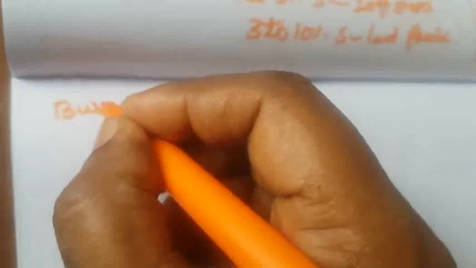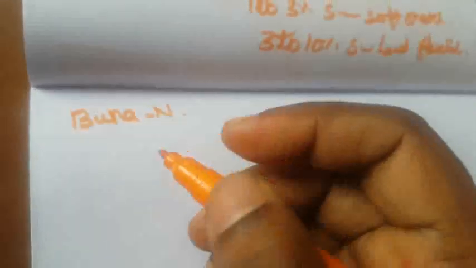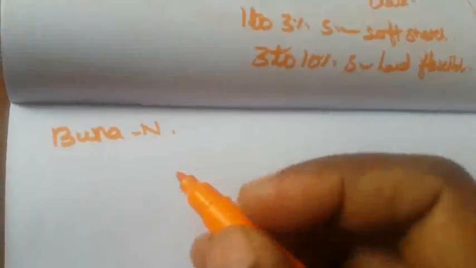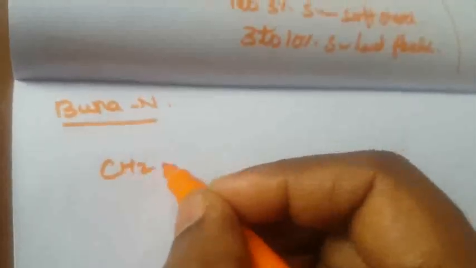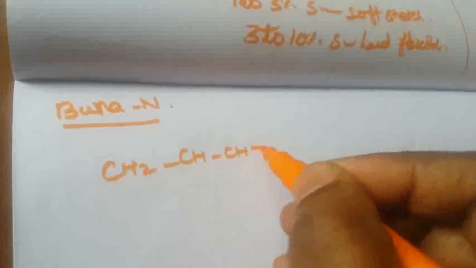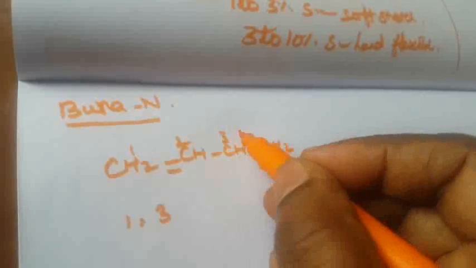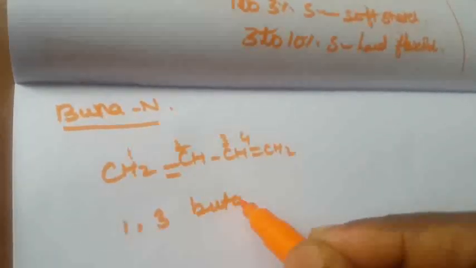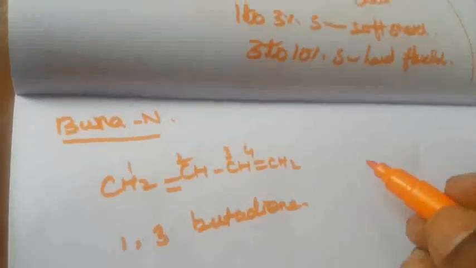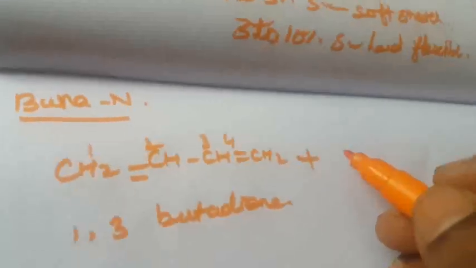Next is how to prepare Buna-N, another synthetic rubber. What is meant by Buna-N? It is a copolymer of 1,3-butadiene, CH2=CH-CH=CH2, and acrylonitrile.